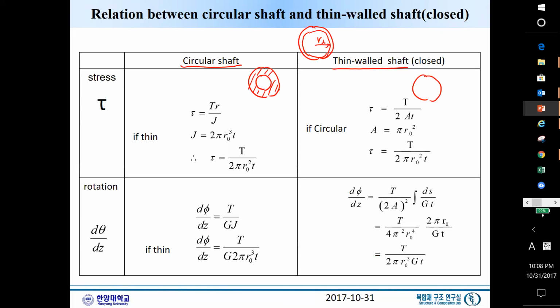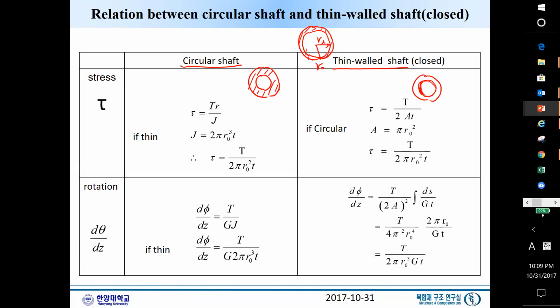This is the inner radius, this is the outer radius, R0. If we compare the theory, let's see how they compare to each other.